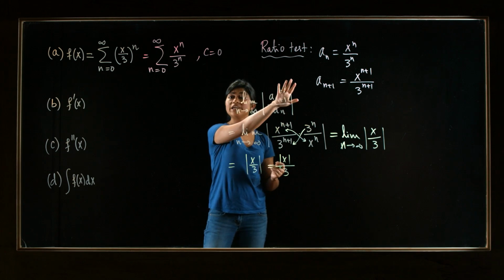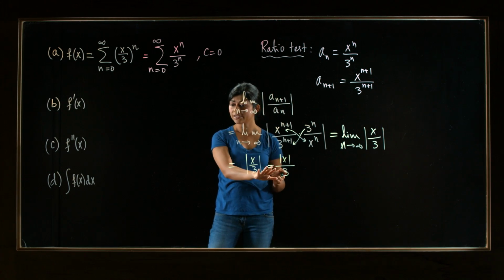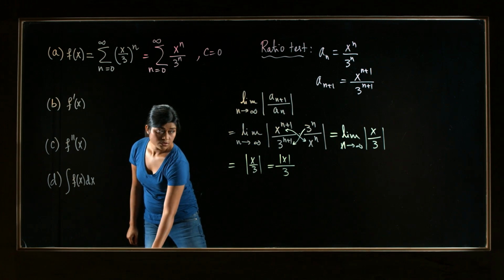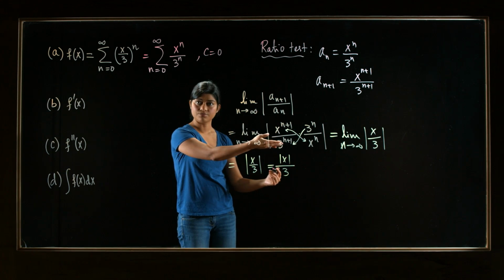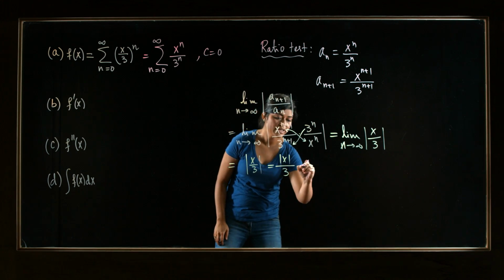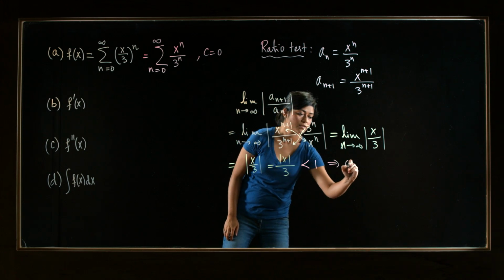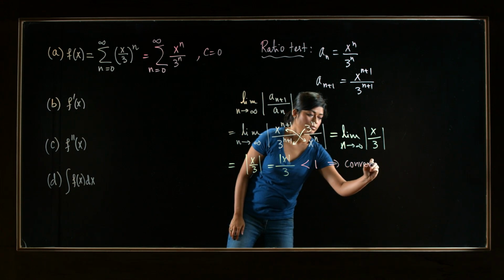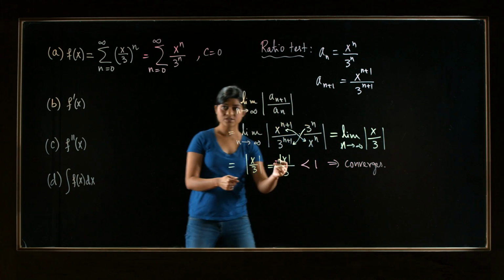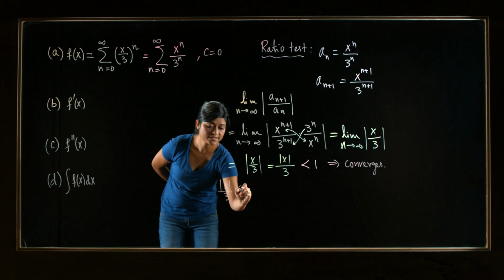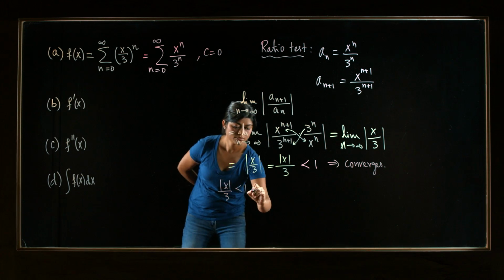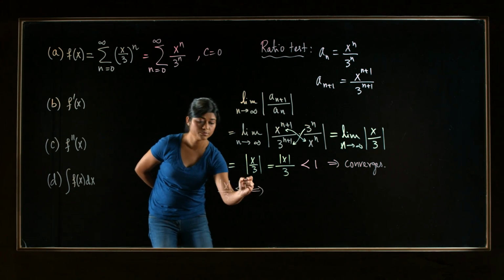Now remember, this is the ratio test. What does the ratio test tell us? That if the limit is less than 1, then the series converges. So less than 1 implies converges. So let's see what that means. What does it mean for absolute x over 3 to be less than 1? That means multiply by 3 on both sides.